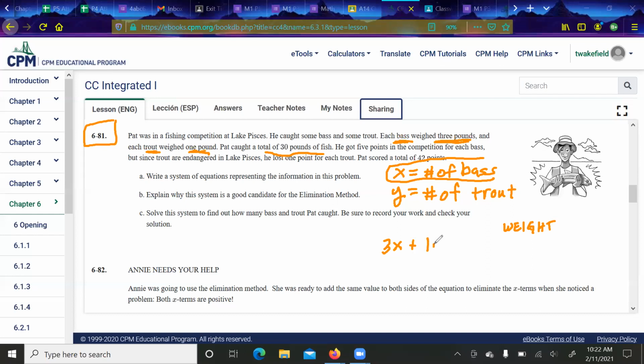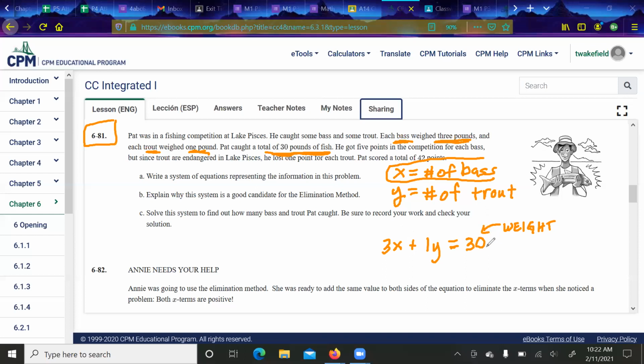So we'll do like 1y. I don't really need that 1 there. It could just be y. Equals, and how much total do they weigh? 30 pounds. Okay, so we're going to set it equal to 30. Very good. 3x, 3 times the number of bass he caught, plus 1 times the number of trout he caught, equals 30 pounds. So this is our weight equation.